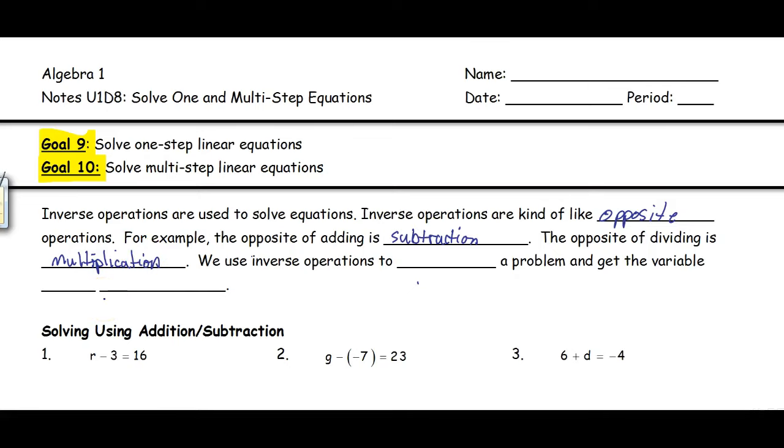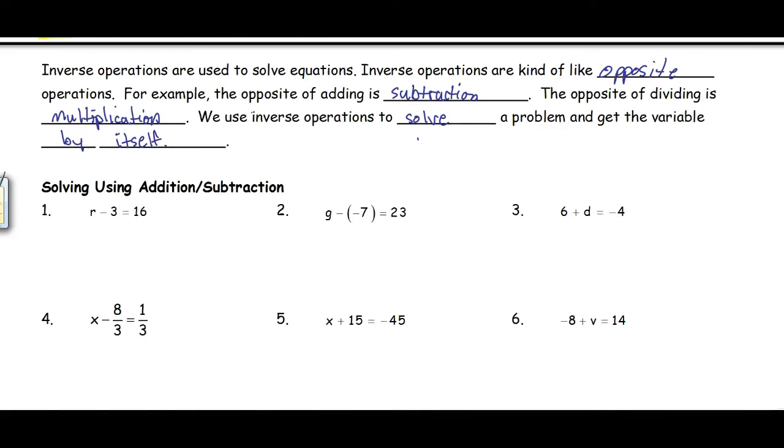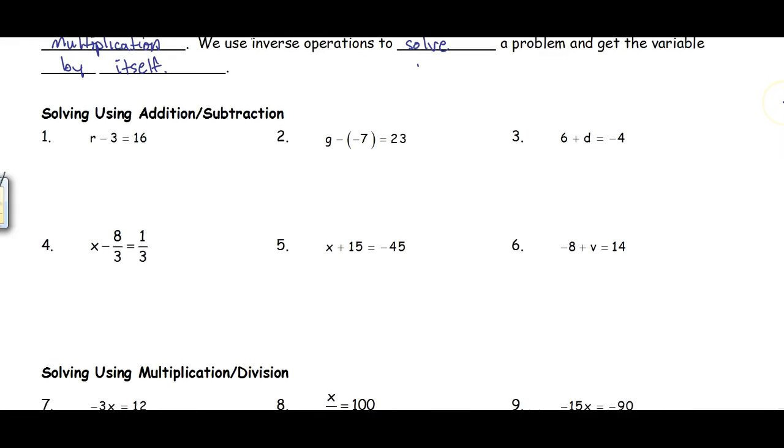All right, we use inverse operations to solve a problem and get the variable by itself. Okay, so that is our main goal here, to get the variable by itself. You're going to do that by doing a bunch of opposite operations everywhere. So let's take a look at a couple examples.